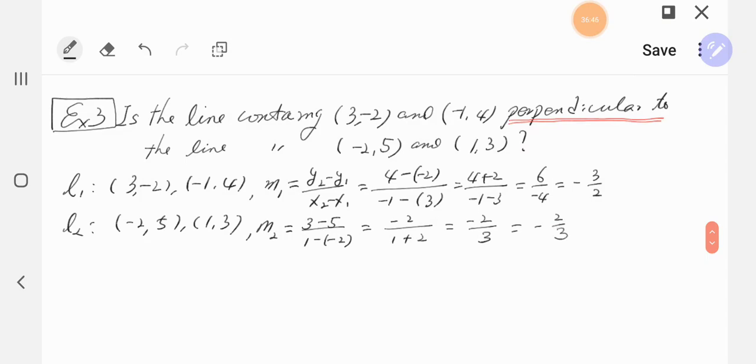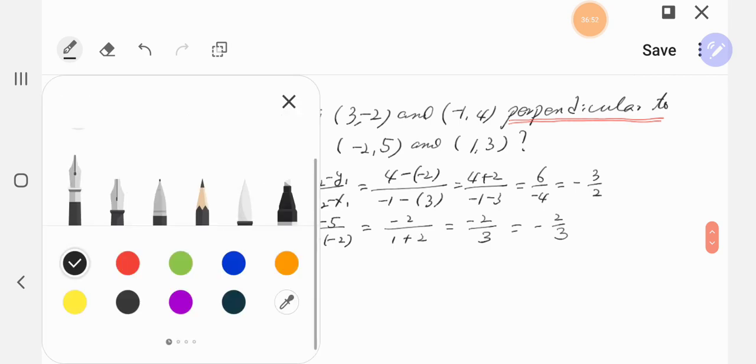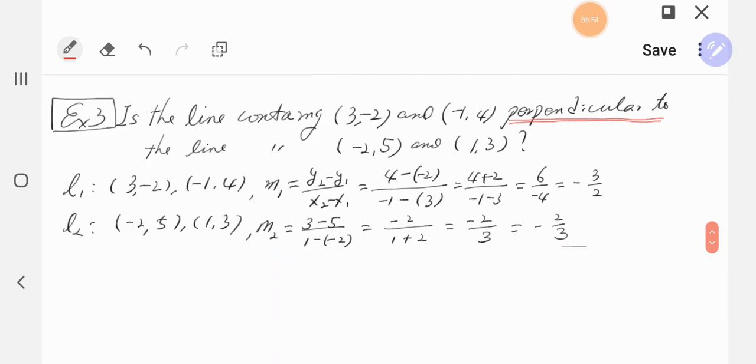All right, look at this. The slope M2 is the reciprocal of -3 over 2, just the reciprocal. It has the same sign. So the two lines are not parallel.